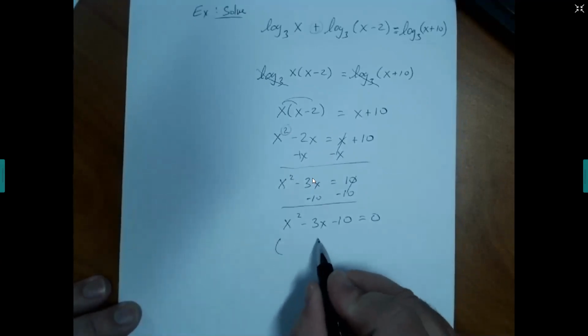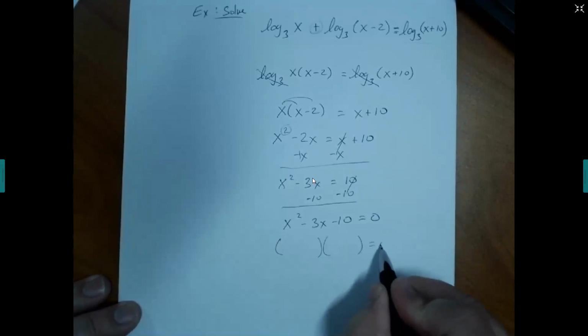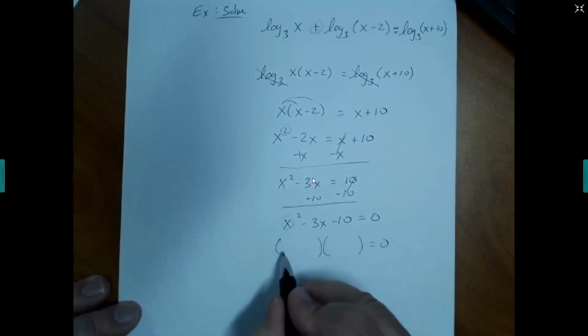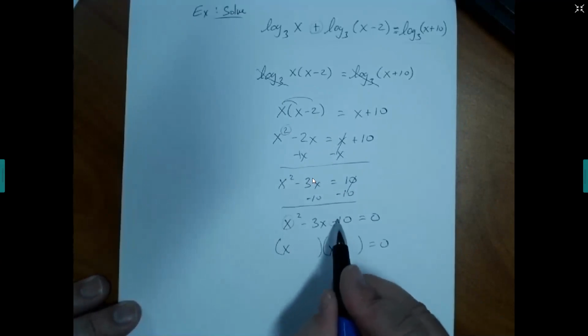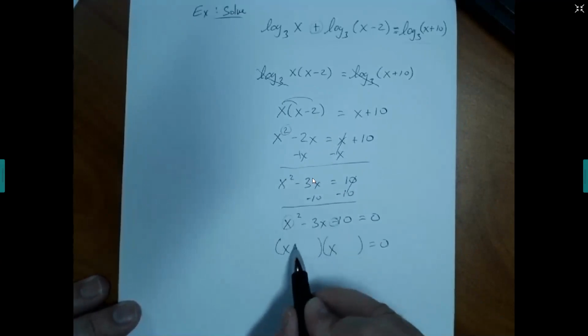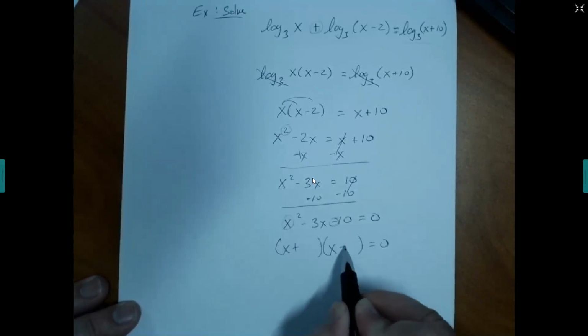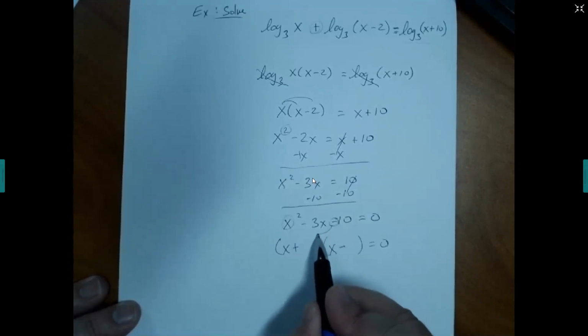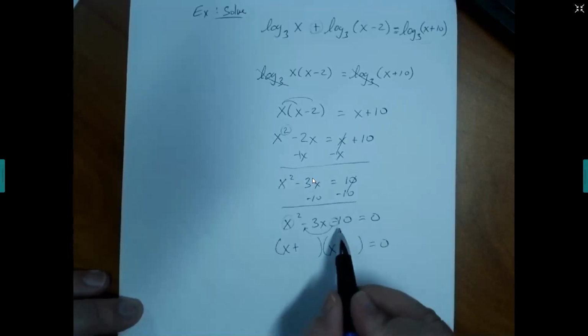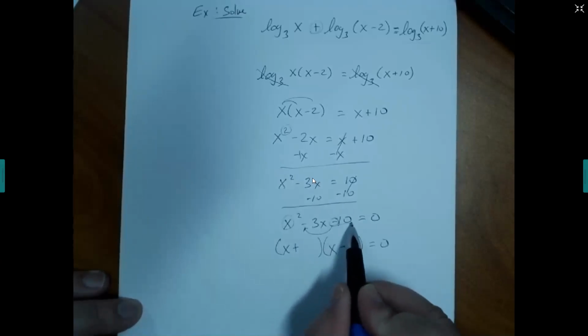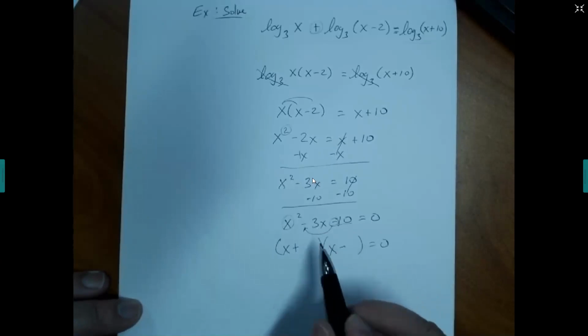Let's see if we can factor this. So it's made of x times x. The second sign is a minus, so it means opposite signs. One's plus, one's minus. The bigger number will be negative. What times what is 10, and when you subtract them, you get 3?